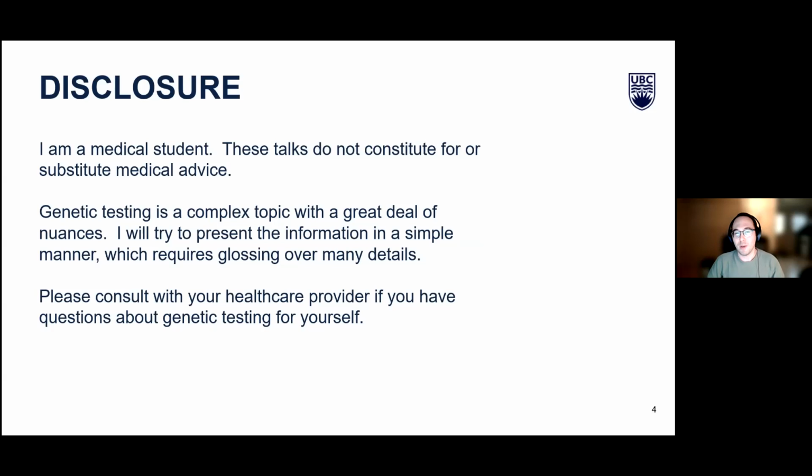So if any of you have prior knowledge or experience with genetics and genetic testing, you may notice me going over things more simply and not going into details. That's simply to keep things simple and keep ourselves within a reasonable time limit. Finally, if you have any questions about genetic testing for yourself, please consult your healthcare provider.